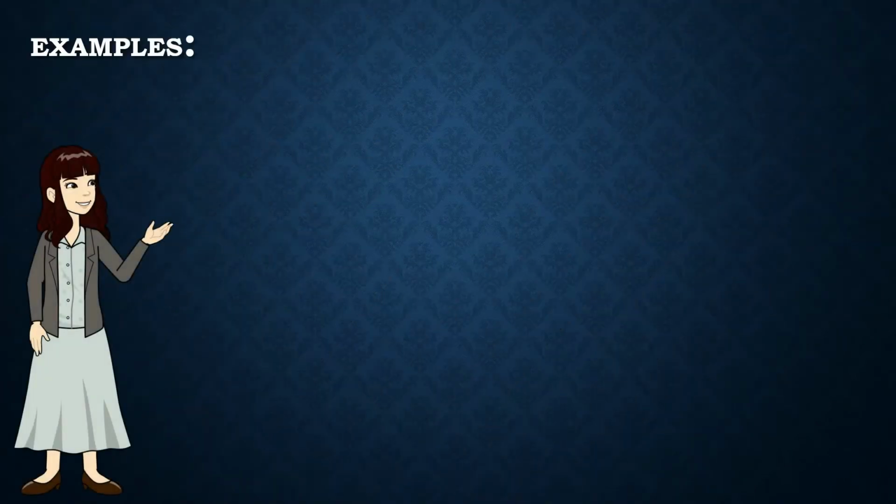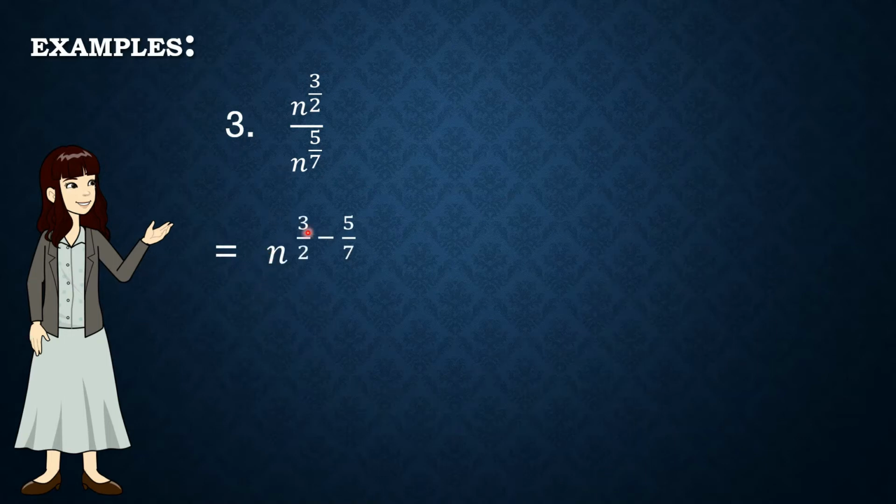Okay, we are now in example number 3. We have n raised to 3 over 2 over n raised to 5 over 7. This is the quotient law in the laws of exponents. When dividing powers with the same base, keep the base and subtract the exponents. So it becomes n raised to 3 over 2 minus 5 over 7. The denominators are not the same, so we need to get the LCD.